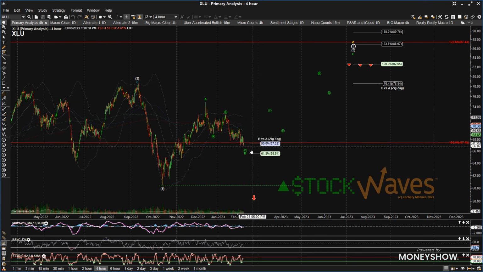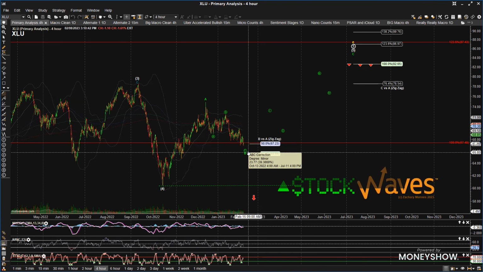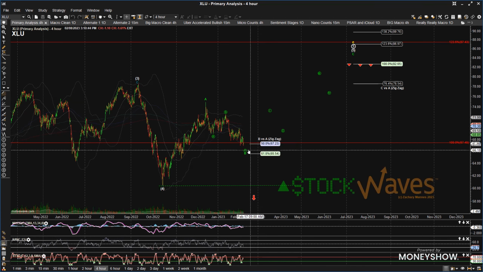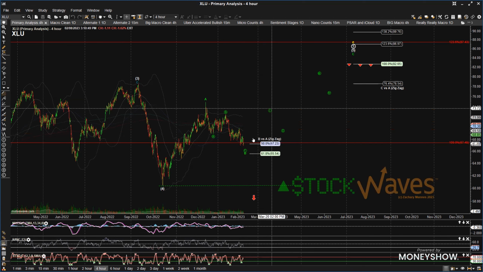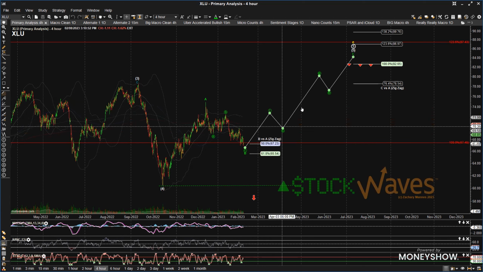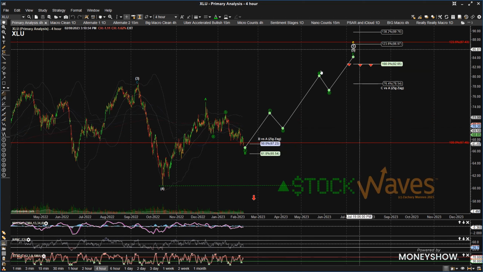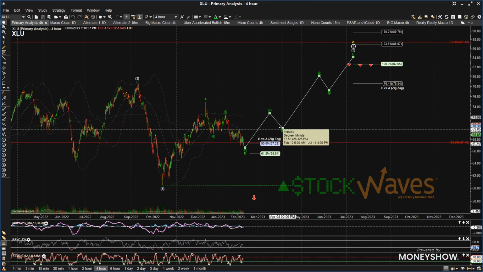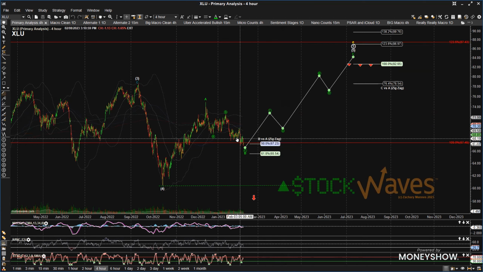And once it gets a little turn off of that, where I can use whatever low that was made as a tighter stop, then I'll add a third batch for that initial little move up. And then maybe even when I get a clear wave 1 and wave 2 of the swing move that I'm looking for, then I can add even a fourth tranche.